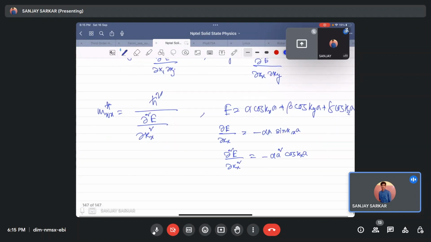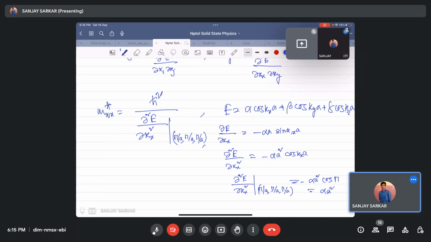So what will be this value at pi by a, pi by a, pi by a? It will be minus alpha a square into cos pi, that is minus 1, so alpha a square.